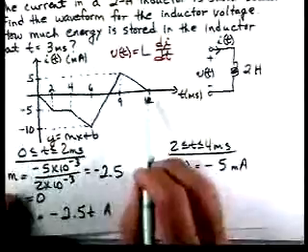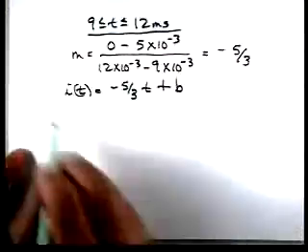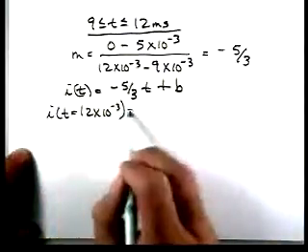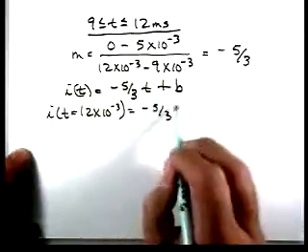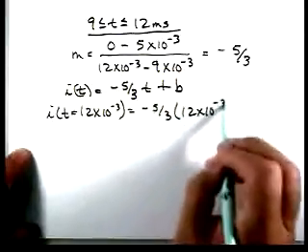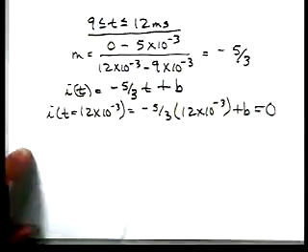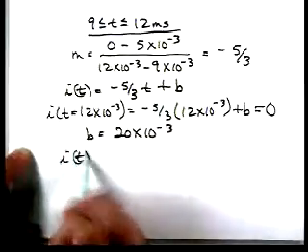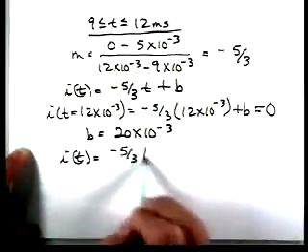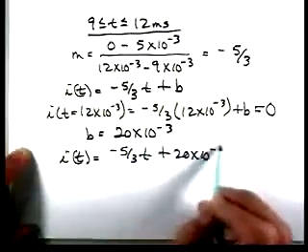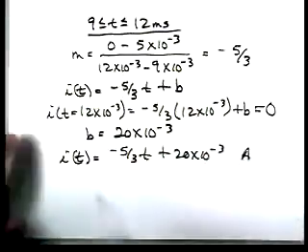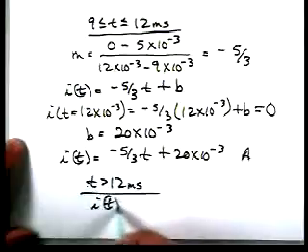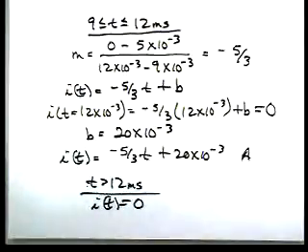We can see at 12 that we have a value of 0. So that gives us b is 20 times 10 to the minus 3. So then we have minus 5/3 t plus 20 times 10 to the minus 3. And then from the graph, obviously we can see that for t greater than 12 milliseconds, i of t is 0.